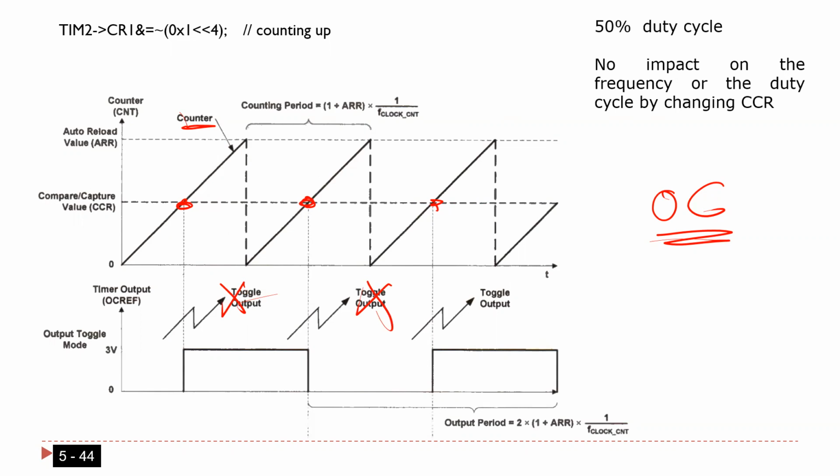The second program, which I'm going to teach now, is periodic interrupts. As I explained in chapter 4, we have only one SysTick, so this is the only one we have to generate periodic interrupts.